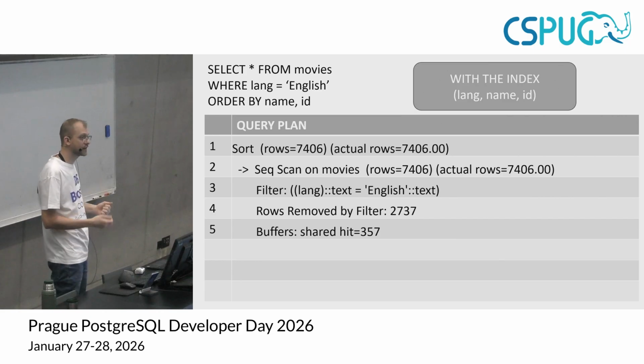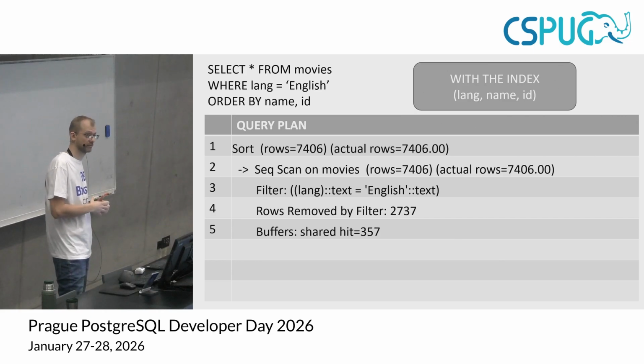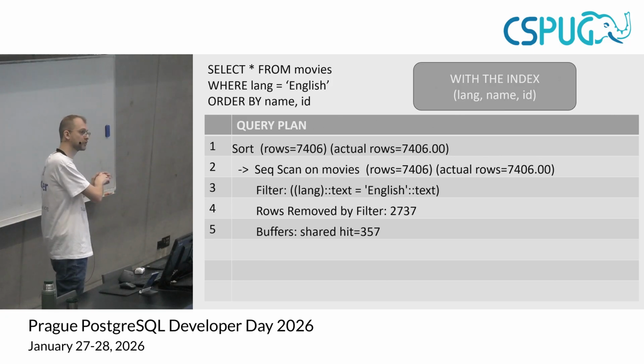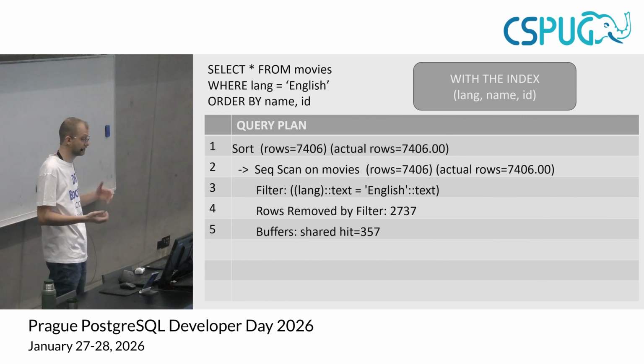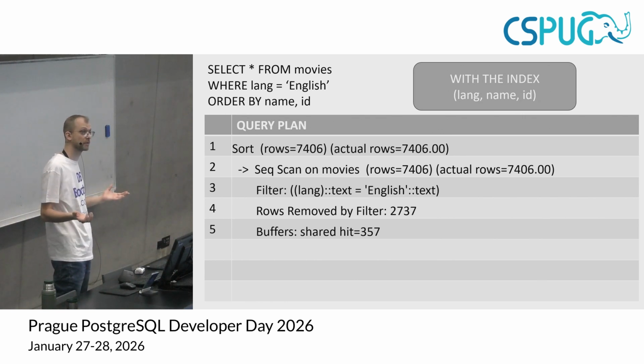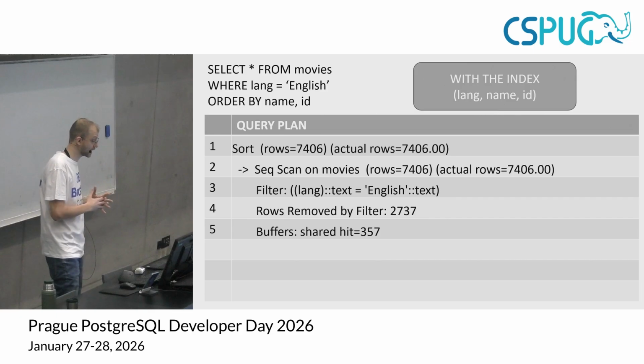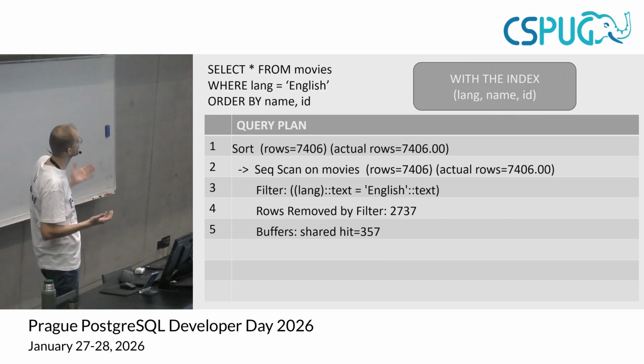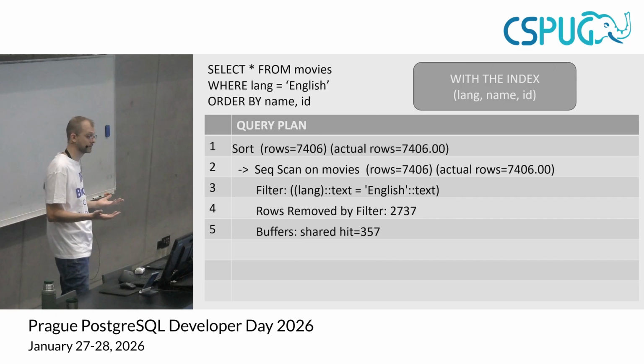It's because sequential scan in this case is the best option. Because if I used the bitmap heap scan and bitmap index scan, I would read most of the index and with high probability all the pages from the table. So if I put it together, it would be higher than 357. So sometimes sequential scan is simply the best option for you.